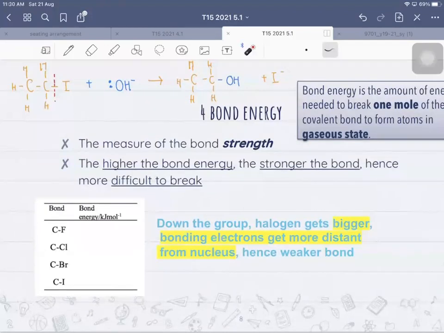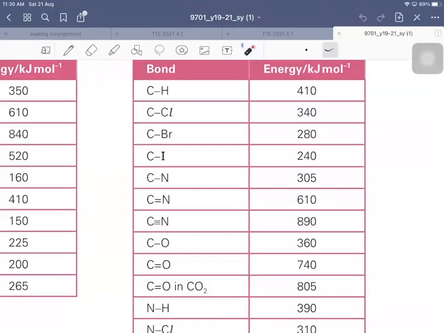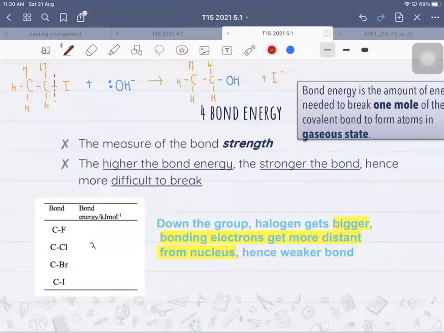The bond energy values are given in your data booklet. Carbon-chlorine bond is 340, carbon-bromine bond is 280, and carbon-iodine bond is 240. As you go down, from chlorine to iodine, you will notice that the bond energy is getting smaller. That means the strength of the bond is getting weaker. So we need to explain this. Let's fill this in first: 340, 280, 240.